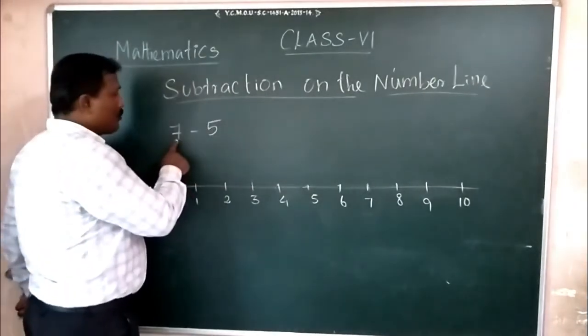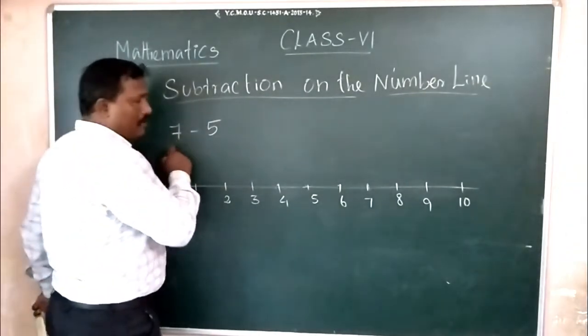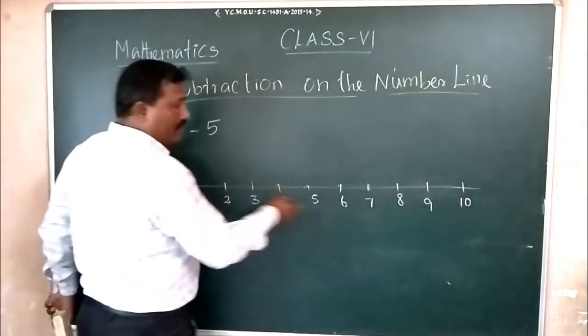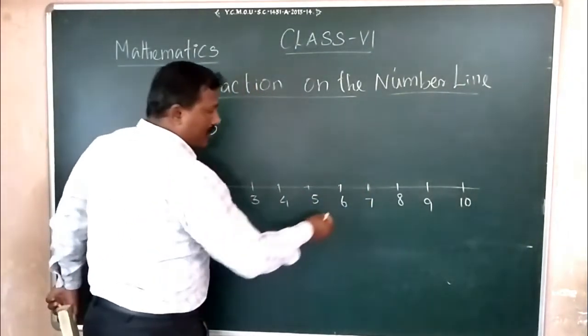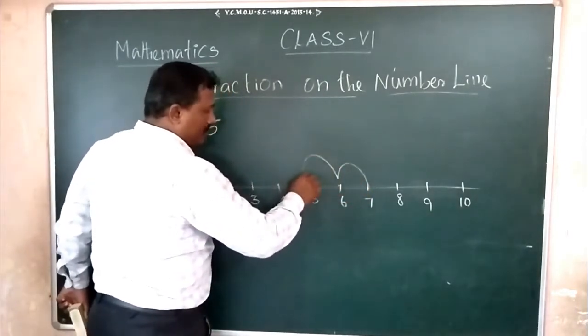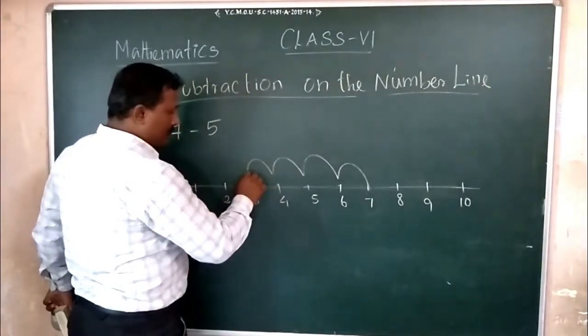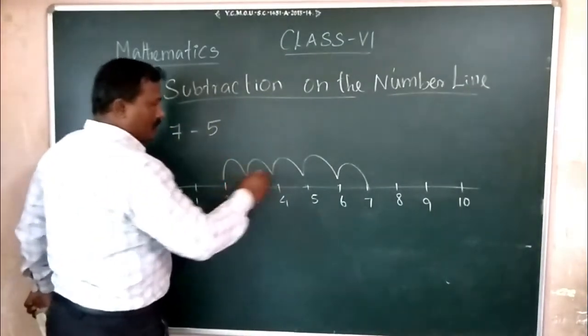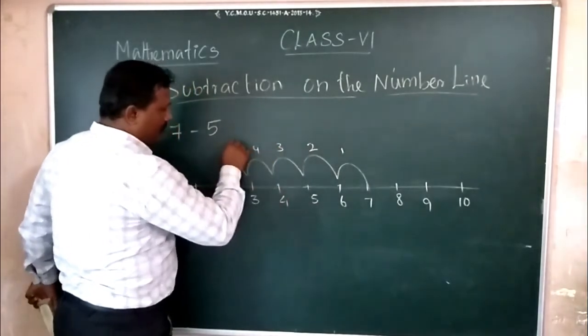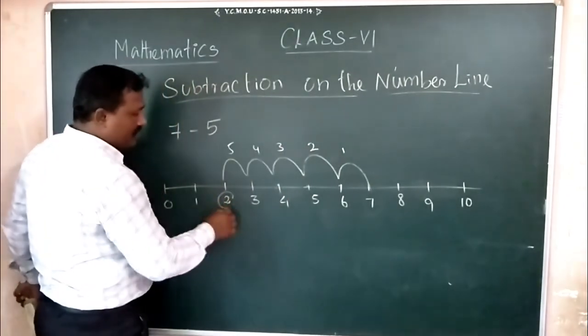So I start from 7 and jump 5 times to the left. First jump, second jump, third jump, fourth jump, fifth jump. So I will reach 2.